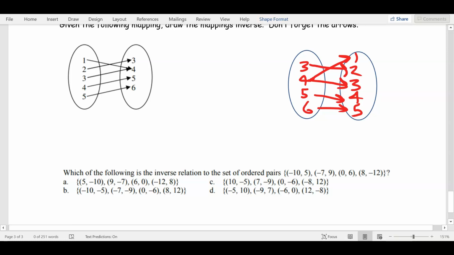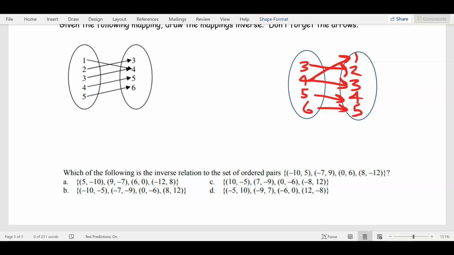Okay. Now, here's a multiple choice problem. No, D. A and D. Yeah.